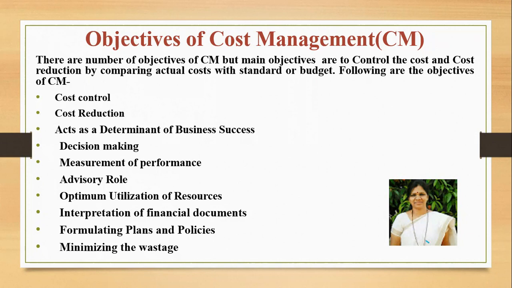It acts in an advisory role, ensures optimum utilization of resources, helps in interpretation of financial documents, formulating plans and policies, and lastly, it minimizes the wastage in the process of operation of the business. So now let us discuss these things one by one.